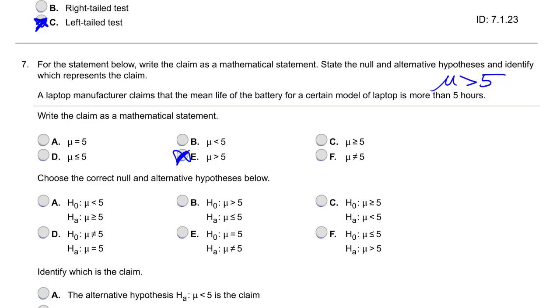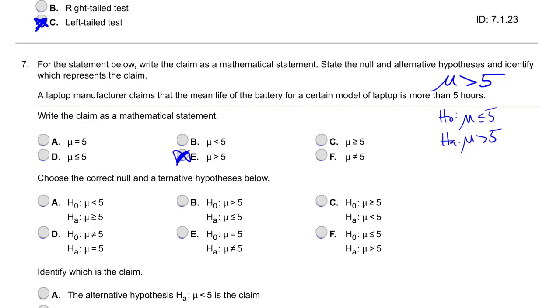That is the claim, but it does not have an equals in it, so it would have to be the alternative, meaning that the null would have to be mu less than or equal to 5 when the alternative is mu greater than 5. That's how it should look.